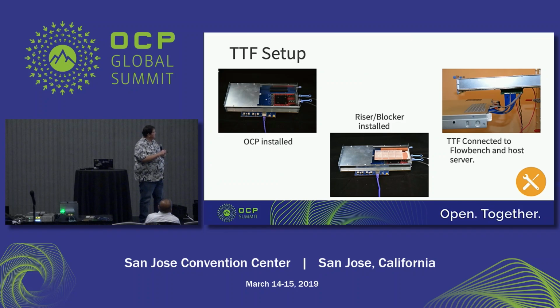If you look at the setup, you have seven connectors: 12 volt power, 12 volt ground, 3.3 volt power and ground, and then RJ45. This connects directly to the NC-SI RBT from the OCP NIC. In the demo that I was planning on doing, it's what actually extracts the ASIC and optics temperatures.